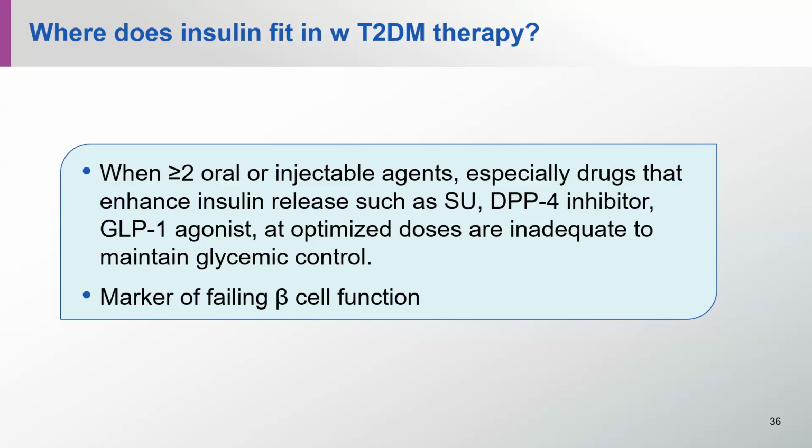And I find this is a great exercise to work through with people. So, what is the body telling you? If the A1C, the glucose, is still too high, and they've tried a sulfonylurea and or a DPP-4 inhibitor and or a GLP-1 agonist or a GIP GLP-1 agonist at optimized doses, and they still can't maintain glycemic control, it means the beta cells are not working well anymore. It's as simple and as complicated as that.